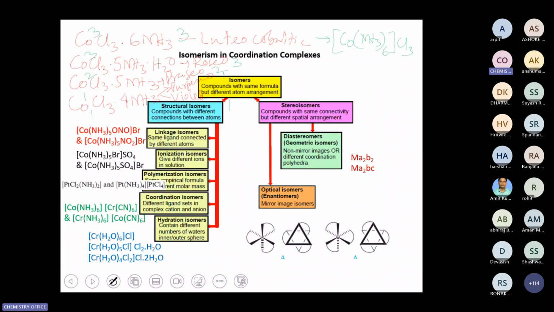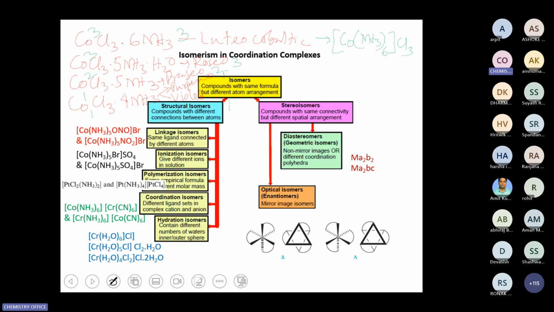Because he got 3 moles of AgCl, that means the ions outside the third bracket, that much amount of AgCl is produced. So he named the entity inside the third bracket as the coordination sphere. Whatever anions are present outside the coordination sphere, that much amount of silver chloride is formed.